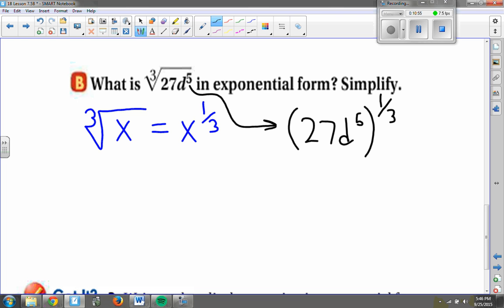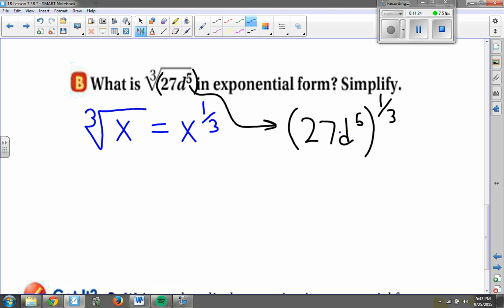Okay, all I've done is taken what was under my third root, this whole 27d to the 5th piece, and I'm now raising it to the 1/3 because I know that's the same as a cube root. So now I have two different pieces here that are both being raised to the 1/3, right? That's what these parentheses mean. I'm taking my 27 and my d to the 5th and raising them to the 1/3 power.